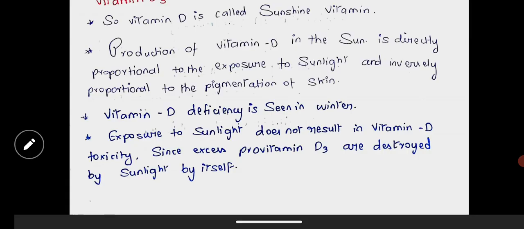Even though it's a sunshine vitamin and we have to be exposed to sunlight to get vitamin D, overexposure does not result in vitamin D toxicity. We have seen vitamin A toxicity, hypervitaminosis, but exposure to sunlight doesn't lead to vitamin D toxicity because excess provitamin D3 is destroyed by sunlight itself.